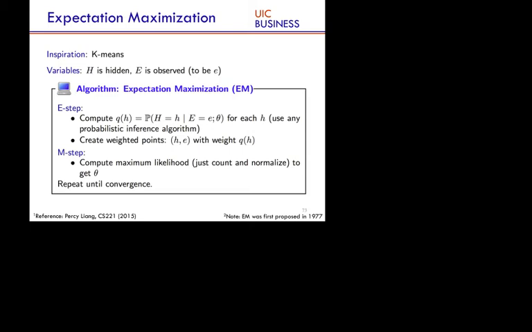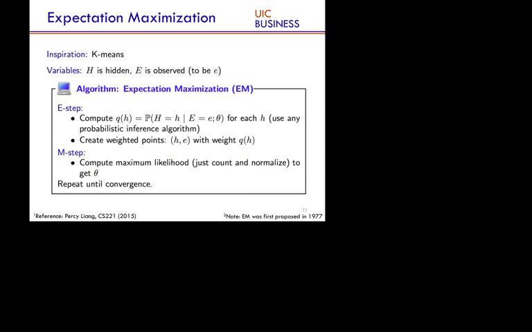I'm going to compute the maximum likelihood to get a new theta. Are both steps clear? I'm going to use some arbitrary theta to get a Q of H. I'm going to use Q of H to get some new theta. I'm going to use that theta over here and get a new Q of H. With that Q of H, I'm again going to get theta and so on.